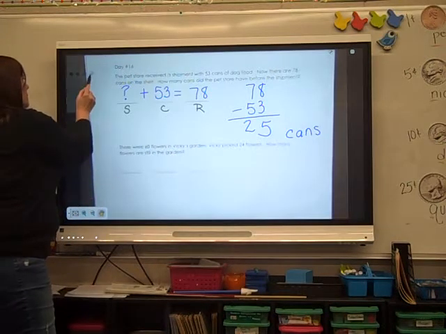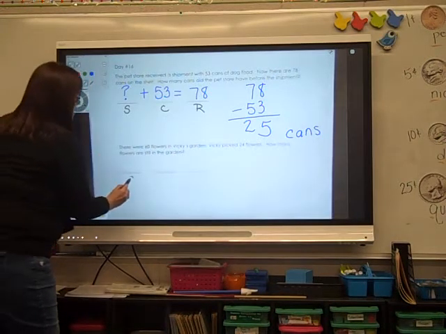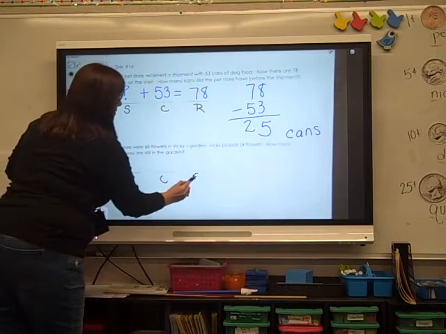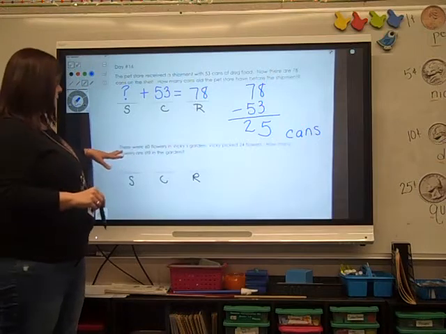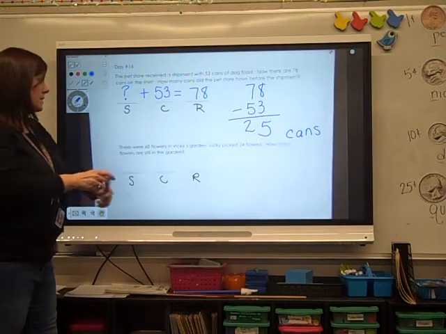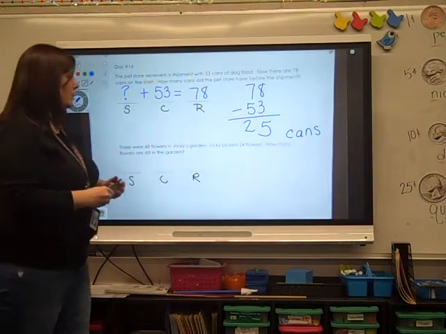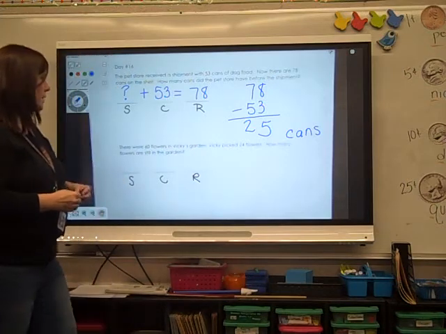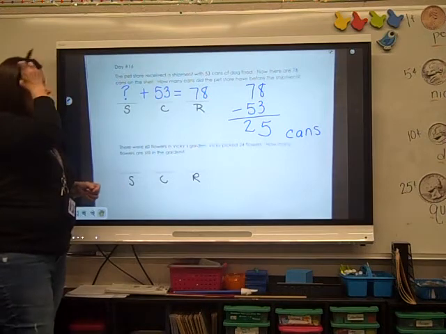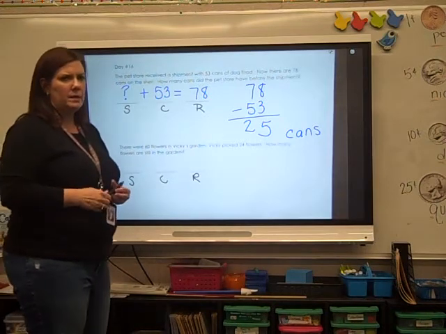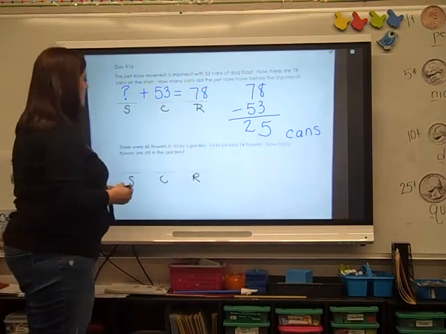All right, when you're ready, go ahead, get your start change result. Ready to listen? There were 60 flowers in Vicky's garden. Vicky picked 24 flowers. How many flowers are still in the garden? Oh, this is an easy one for you guys. How many flowers did Vicky start out with in her garden?